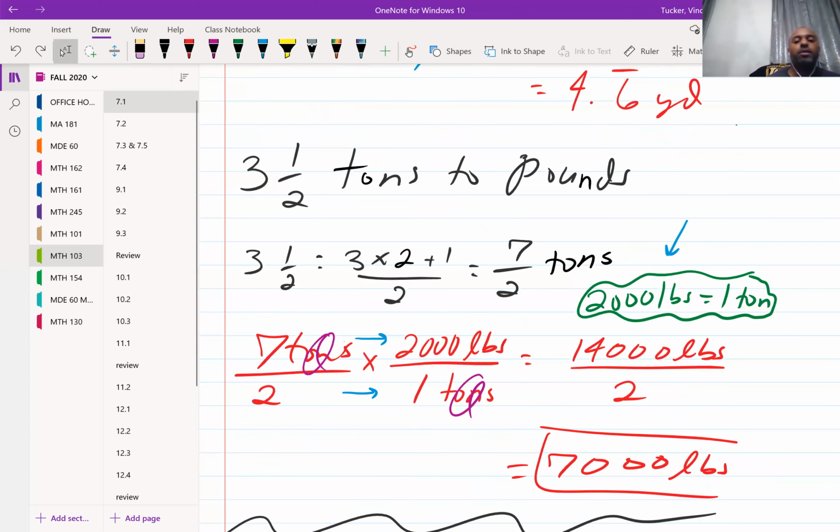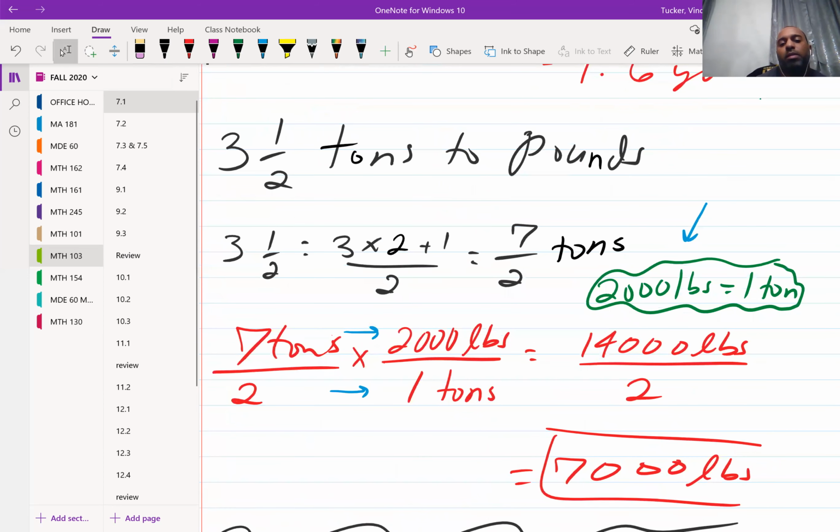I had tons initially. So I needed tons down in my denominator. Multiply across. Tons cancel. So that's 7 times 2,000, which is 14,000 over 2. And that's 7,000 pounds.